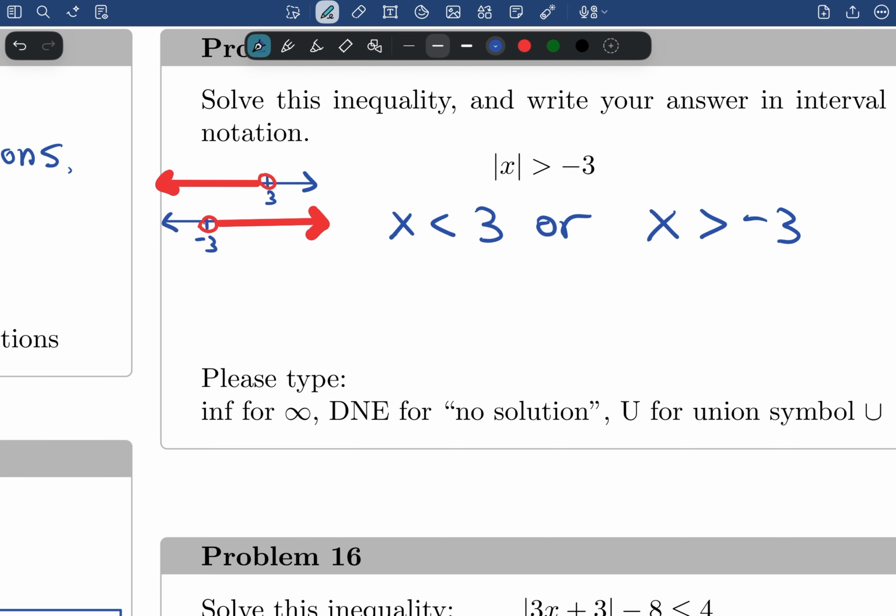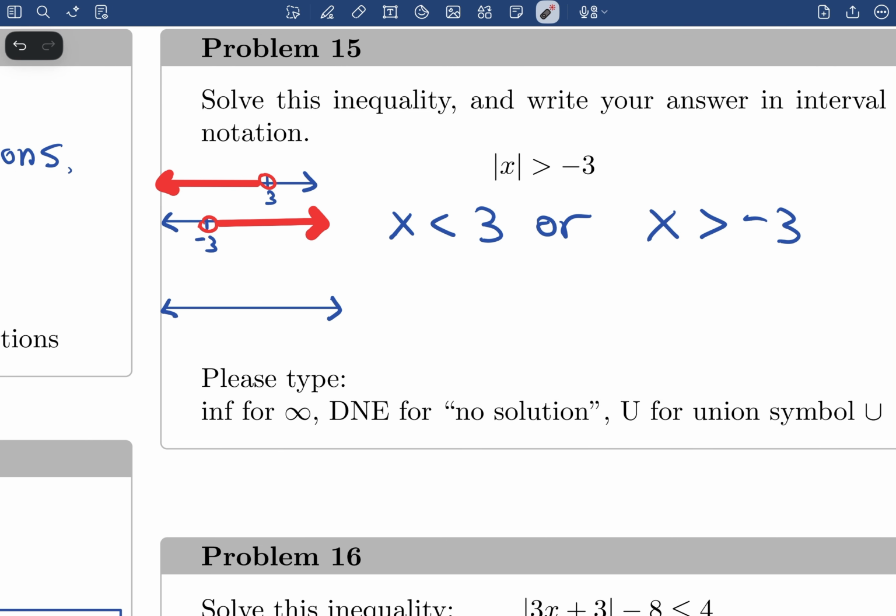And now I write my final solution. Okay, on a number line, I'm gonna write my final solution. The word or means that it's the solutions on either graph. So I take all the red stuff of the first graph and all the red stuff of the second graph, and I write that red shaded stuff on the bottom graph.